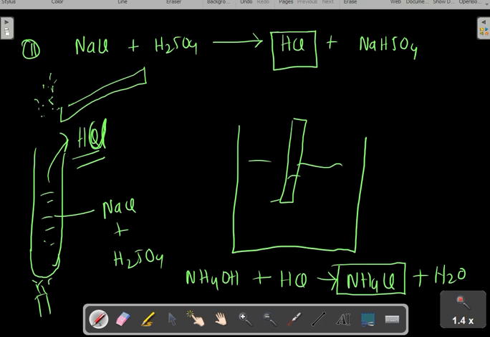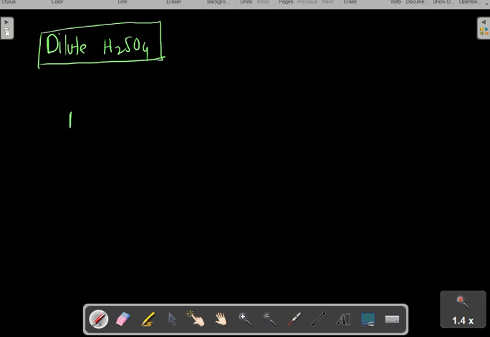Now we can discuss the dilute sulfuric acid also. For dilute H2SO4 we can use barium chloride or barium nitrate, Ba(NO3)2.